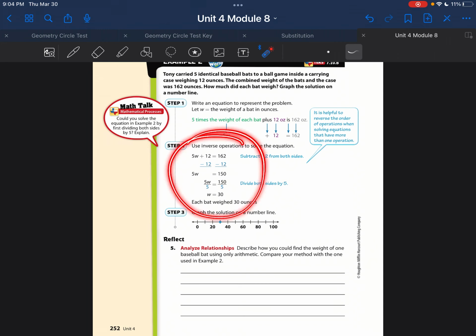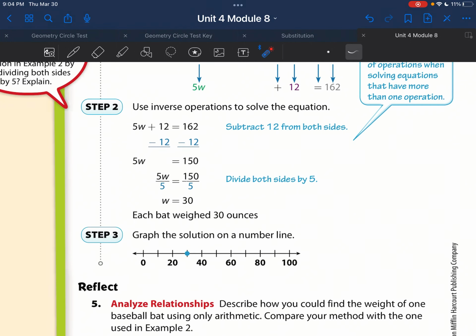Okay? If you look over here, this shows you exactly how I solved it. So it shows you that you do your opposite on both sides. Then you bring down what you have. Then you have to separate them with division.